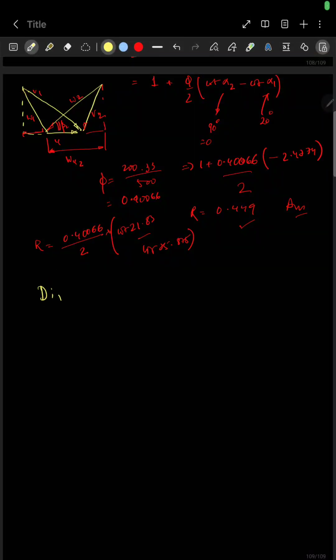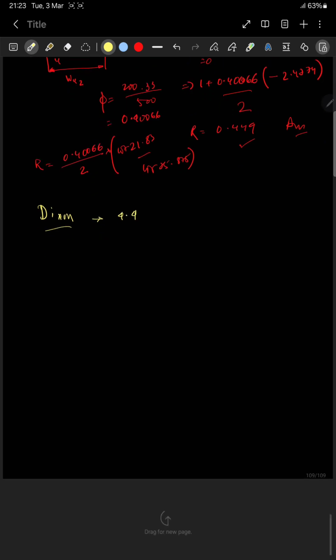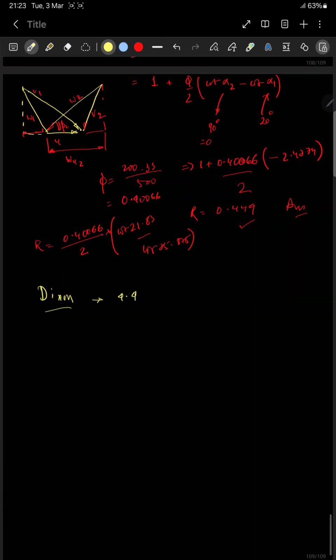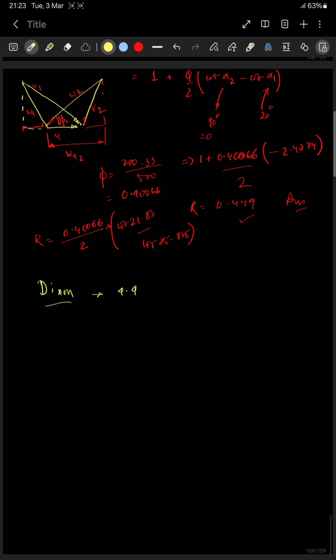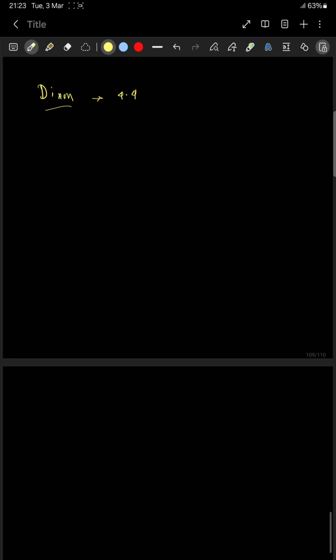Next problem is also from Dixon, which is 4.4. The question is, the combustion gases enter the first stage of a gas turbine at a stagnation temperature and pressure of... again nozzle, rotor.